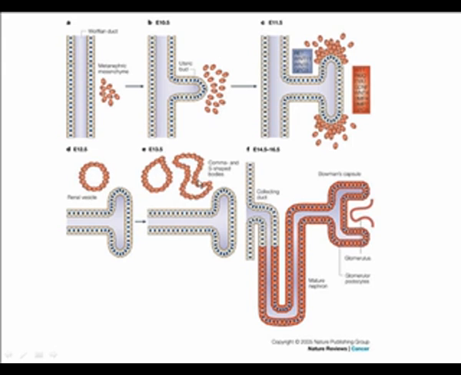The vesicle is going to turn into this S-shaped type of structure, which is then going to give rise to the mature nephron and its different components. There are lots of different factors that are important being secreted and made by both the metanephrogenic mesenchymal cells and by the cells of the ureteric bud.